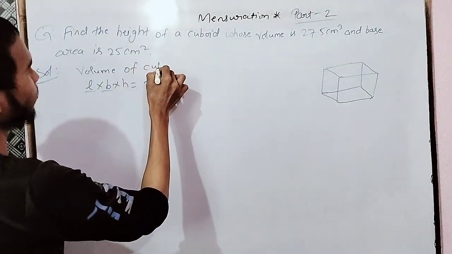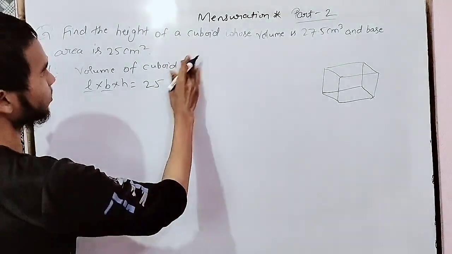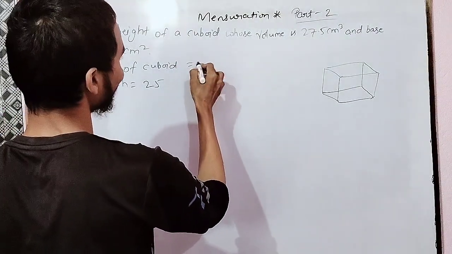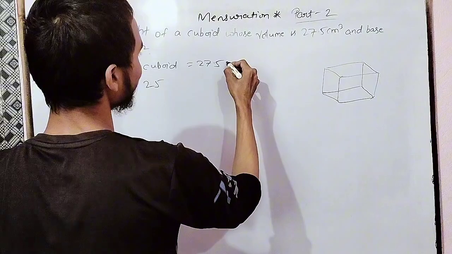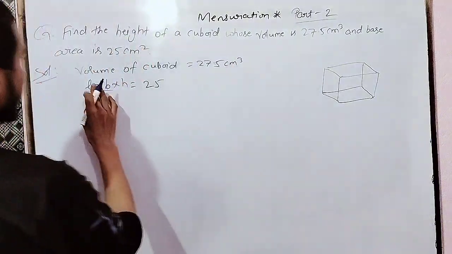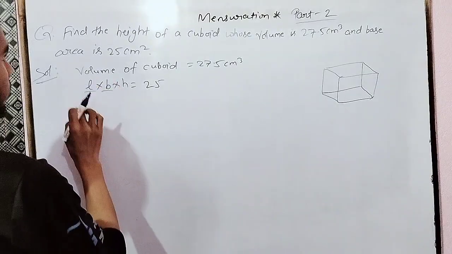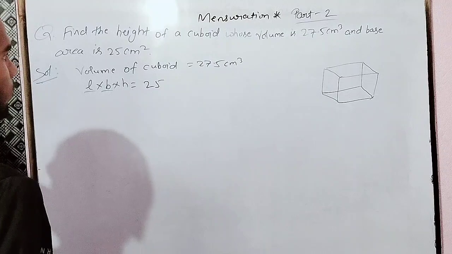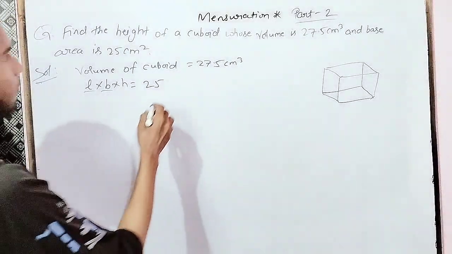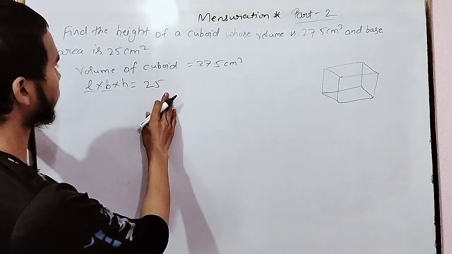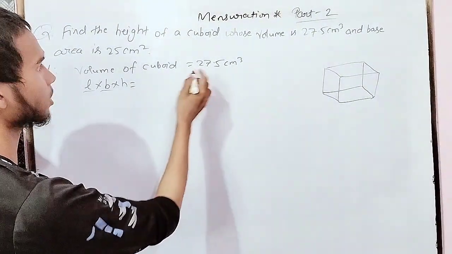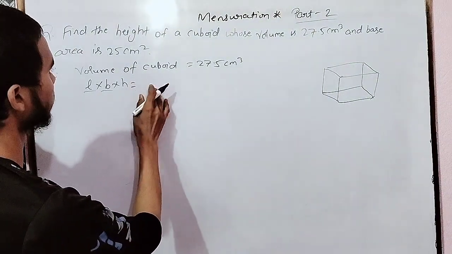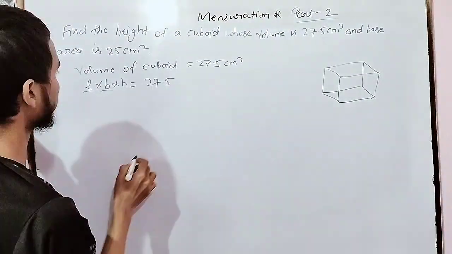Volume of cuboid is 27.5 centimeter cube, and this is the formula of the volume of a cuboid.